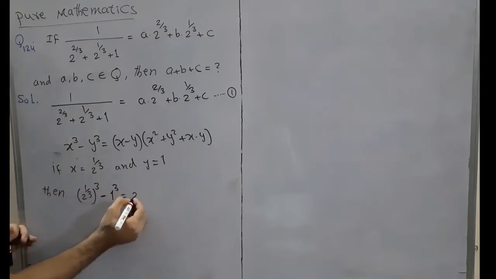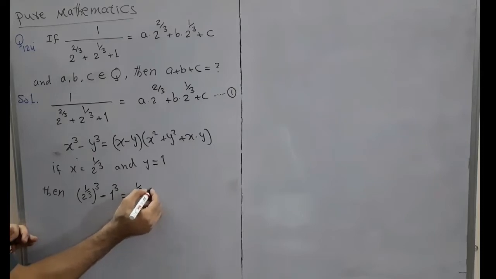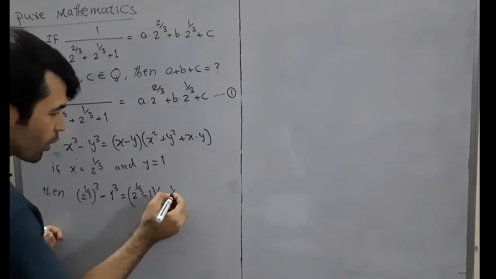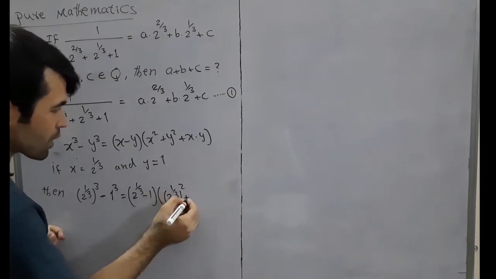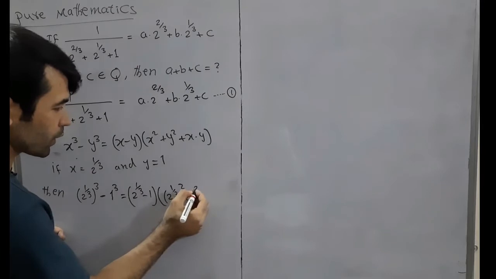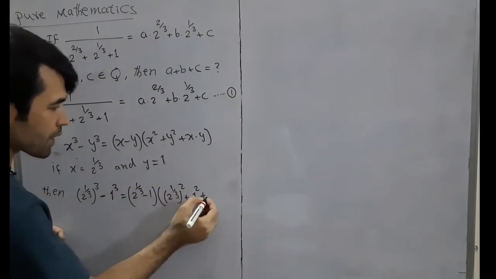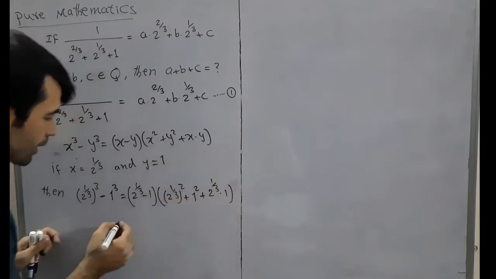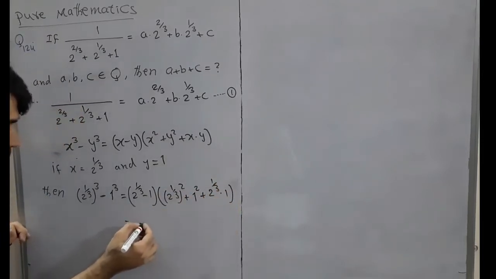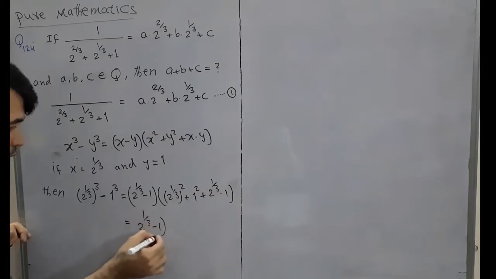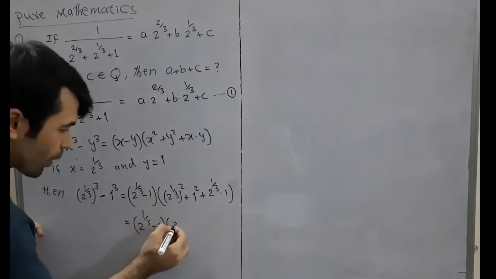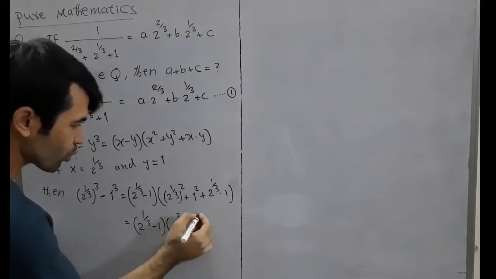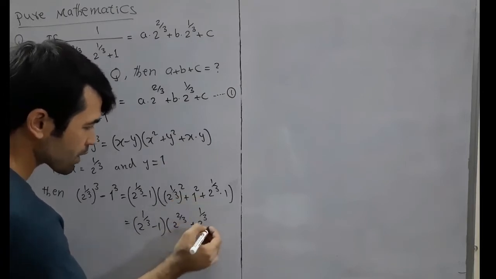It is equal to (2 to the power 1 over 3 minus 1) according to this formula, times x squared, (2 to the power 1 over 3) whole square, plus y square, 1 square, plus x times y, 2 to the power 1 over 3 times 1. It is equal to (2 to the power 1 over 3 minus 1) times (2 to the power 2 over 3 plus 2 to the power 1 over 3 plus 1).